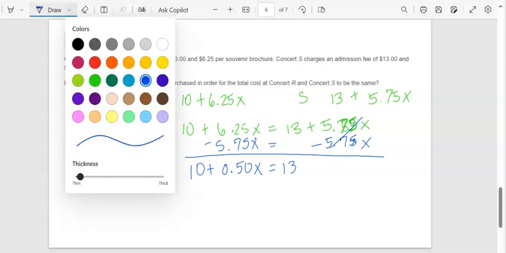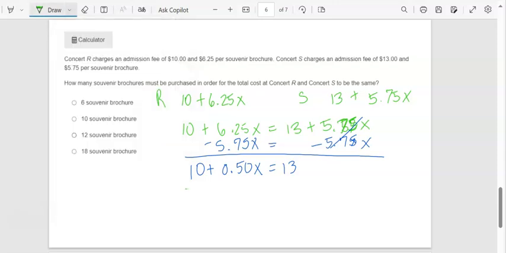All right, so now we want to subtract 10 from both sides. This cancels, and I'm going to go ahead and just change that to 0.5x. 13 minus 10 is 3.